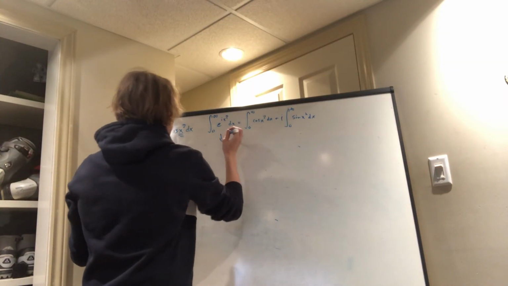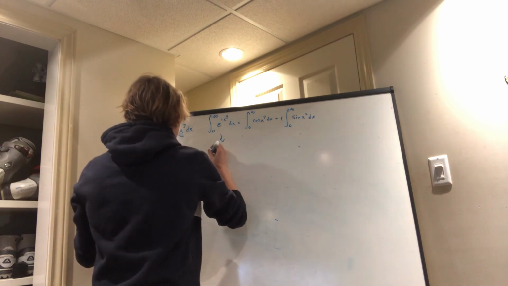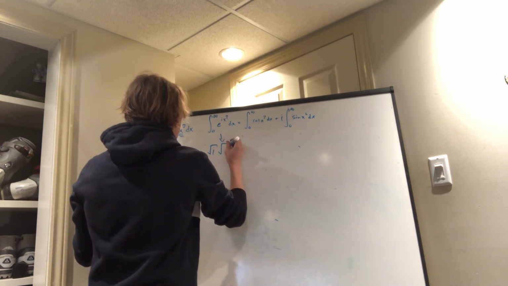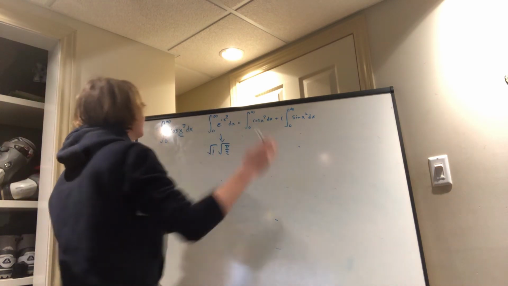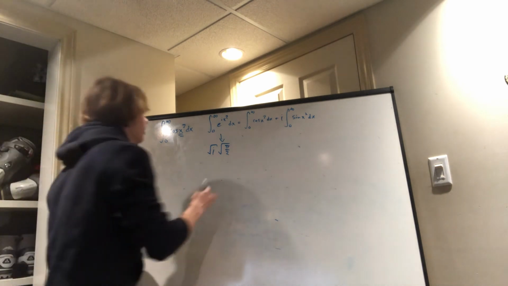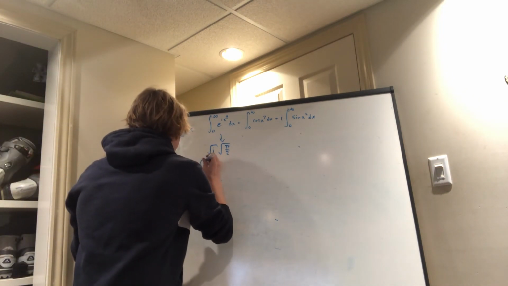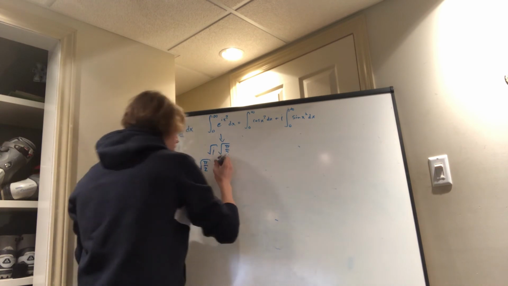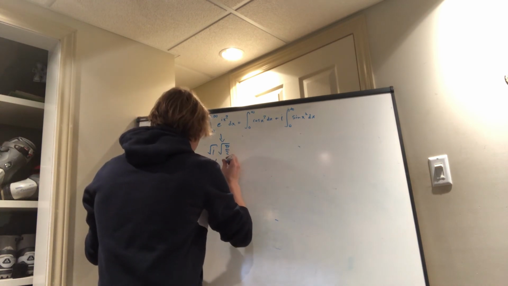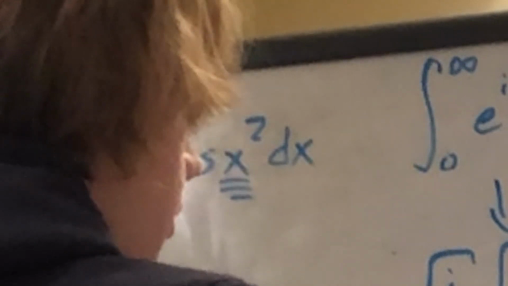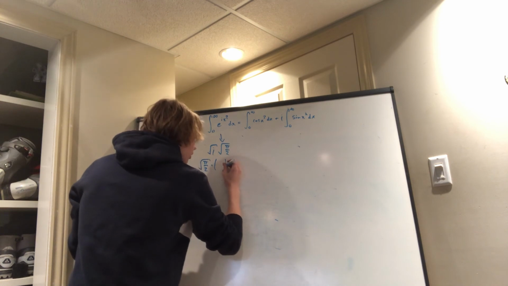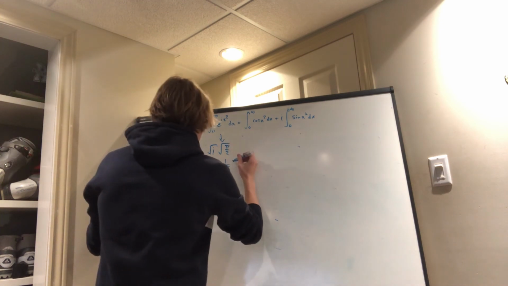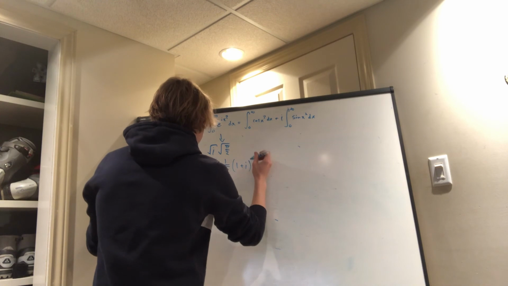Now, we have that this integral right here, only the first one, equals square root of i times square root of pi over 2. And the square root of i, we're going to use the positive. So it equals square root of pi over 2 times 1 over square root of 2 times 1 plus i.